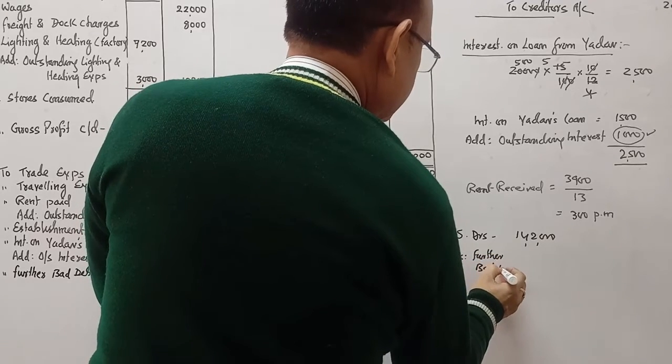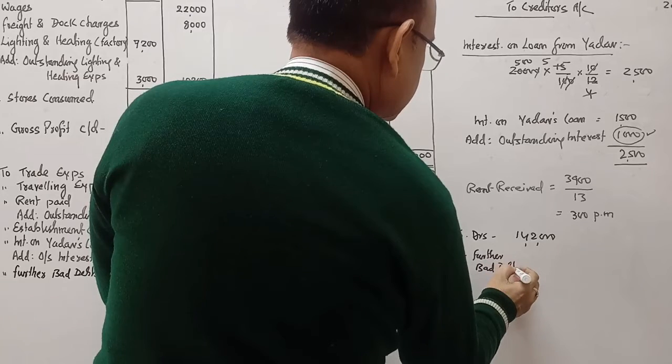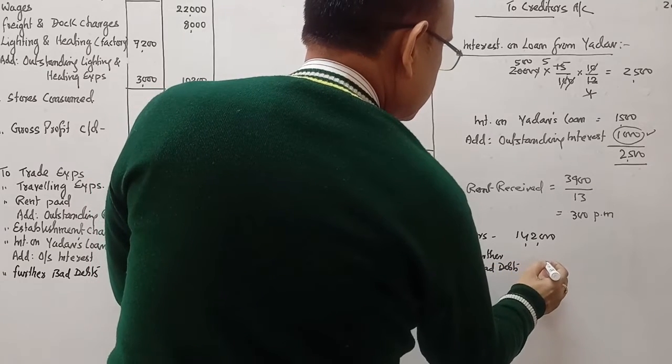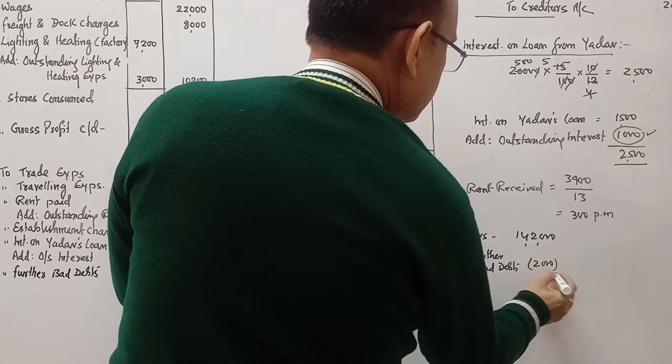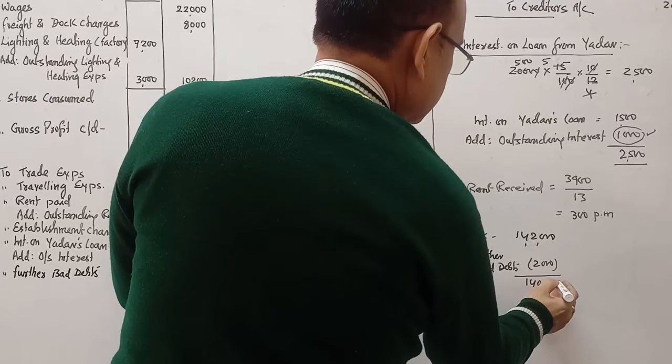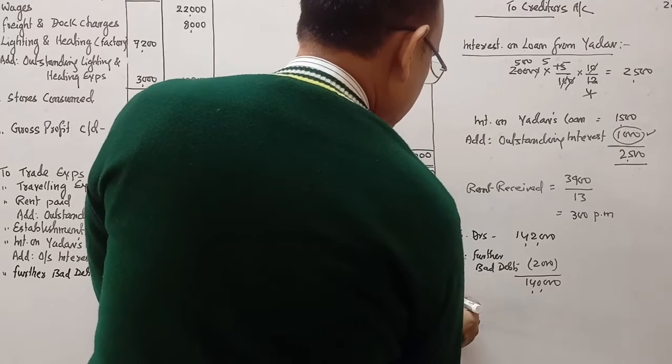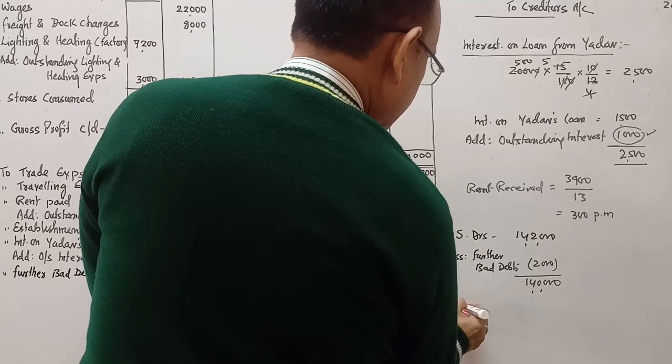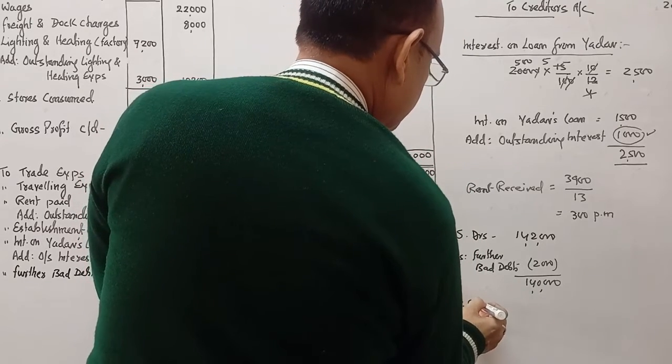Less further bad debts, which is given in the adjustment, is 2000. After deduction of this amount, the debtors is 1,40,000. So we will calculate the new provision for bad and doubtful debts.